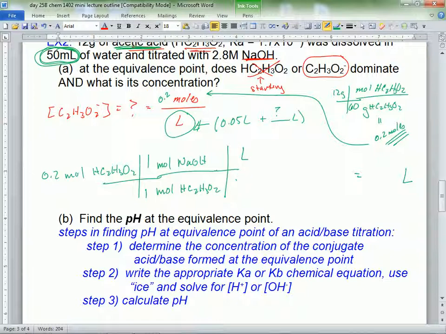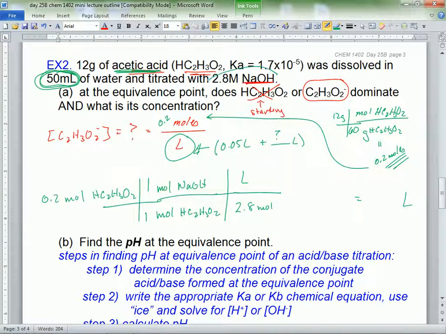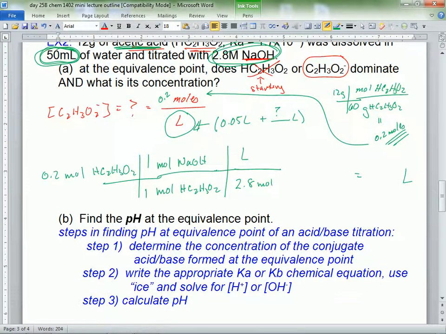Now, where did she get that? Yeah, the moles per liter of the NaOH. She just flipped it. It's right here. She just flipped it is all. And now we can quit.